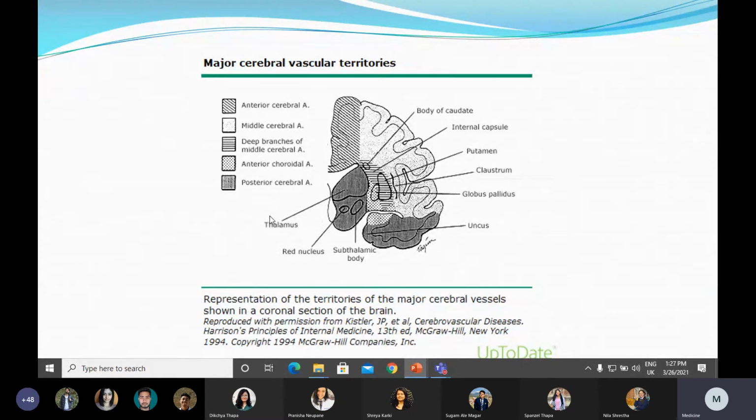But the majority of the parietal lobe is supplied by the middle cerebral artery, and the internal capsule is also supplied by the deep branches or the anterior choroidal artery, a branch of the middle cerebral artery. The thalamus, red nucleus, and part of the brainstem are usually supplied by the posterior cerebral artery.